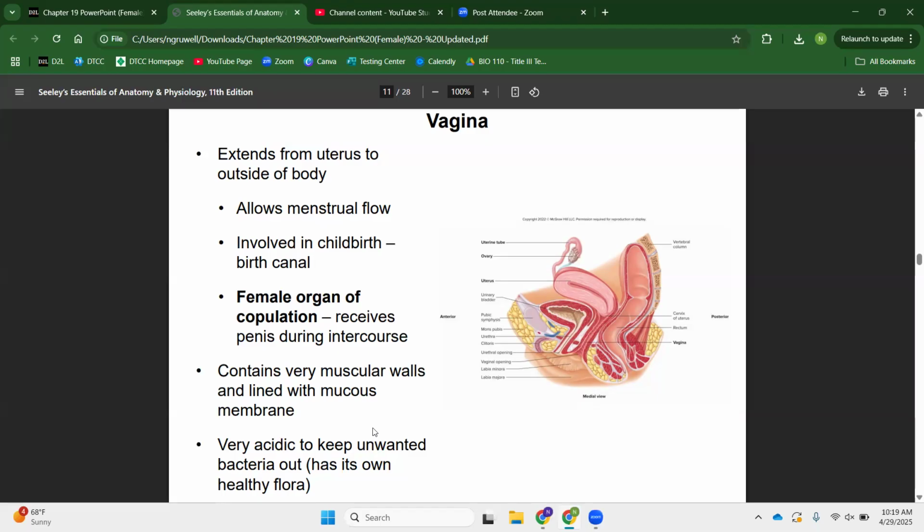So if we maintain that more acidic pH, we can keep the healthy bacteria growing and the unwanted bacteria will not want to live there. This is also a reminder that part of the secretions that contribute to semen from the prostate gland and bulbourethral gland are going to help protect the sperm cells against this acidity.